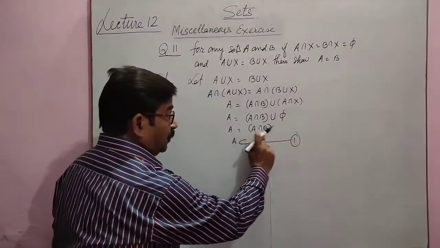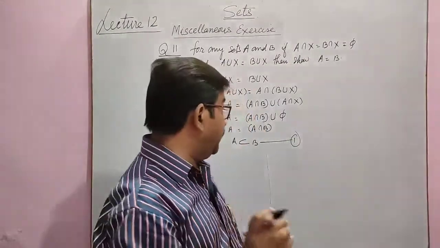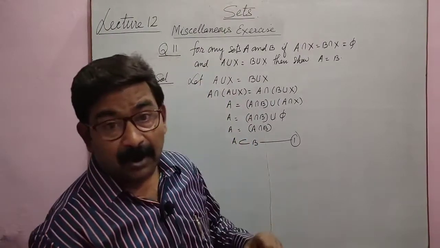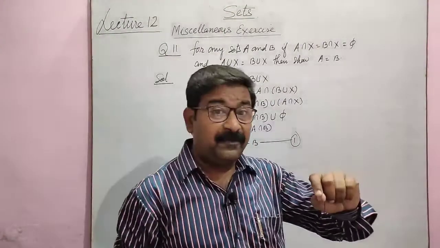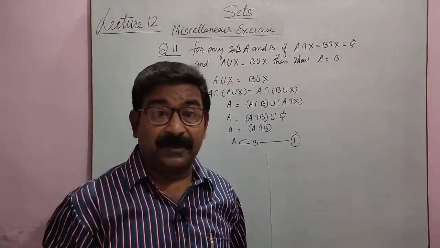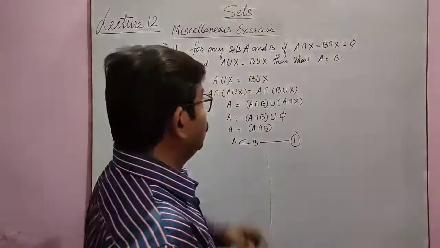This is the case when two sets A and B are such that A intersection B is A, which means A is a subset of B. And if we have B intersection A is B, then B is a subset of A. So we have got one equation.